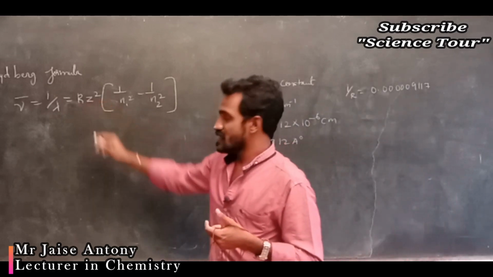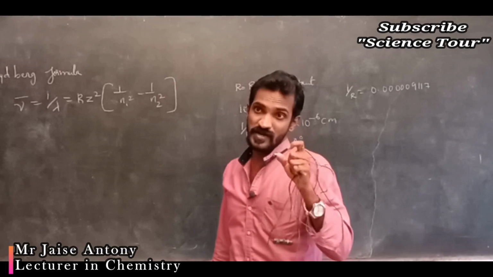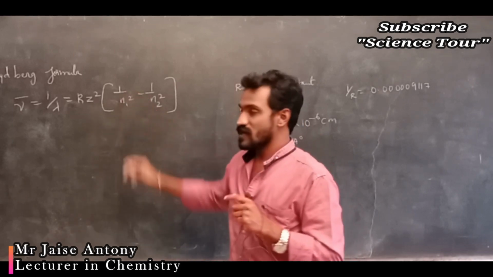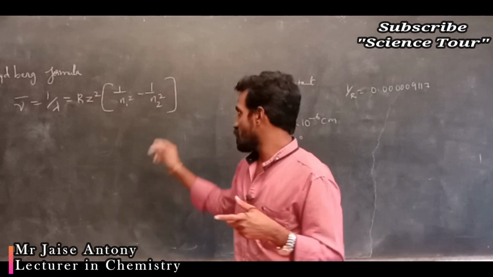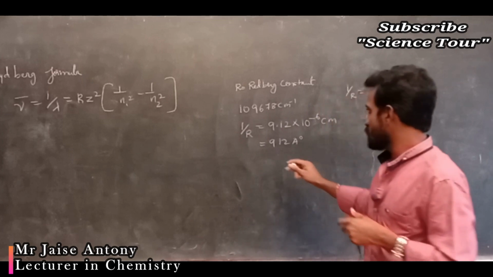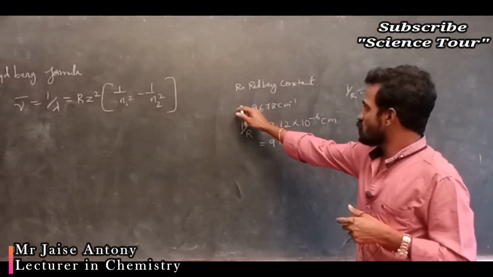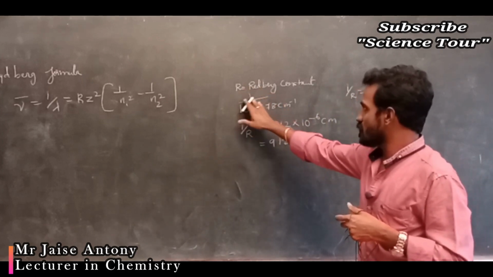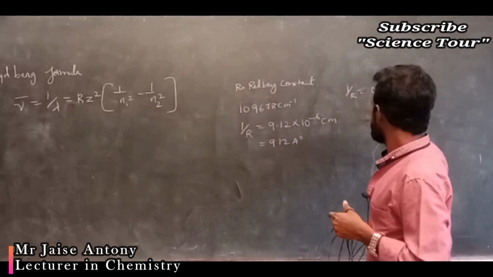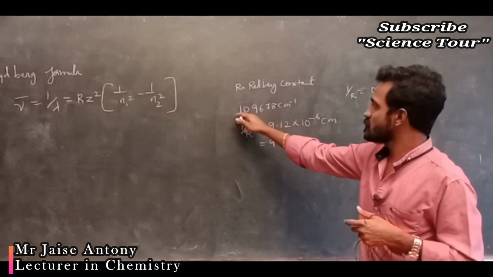Z means the atomic number of that particular atom, my dear students. Then 1 by n1 square, n1 square meaning the first energy level, minus 1 by n2 square, the next energy level. If you take 1 by R, it gives 0.0000911117, like this value.